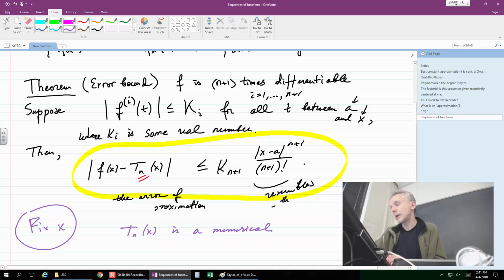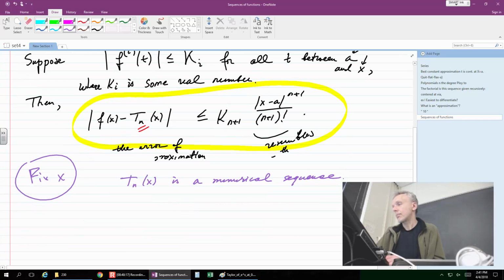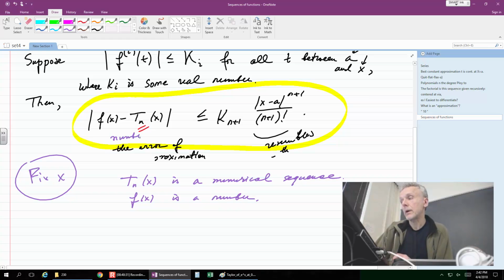It's not a sequence of functions anymore. It is a numerical sequence, to begin with, and then f of x is also a number. So that's the left-hand side, which takes care of it: nothing but a number on the left.